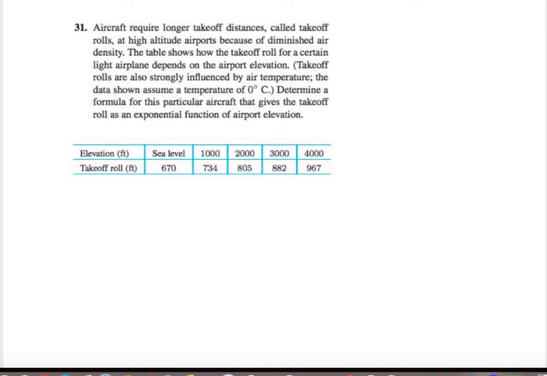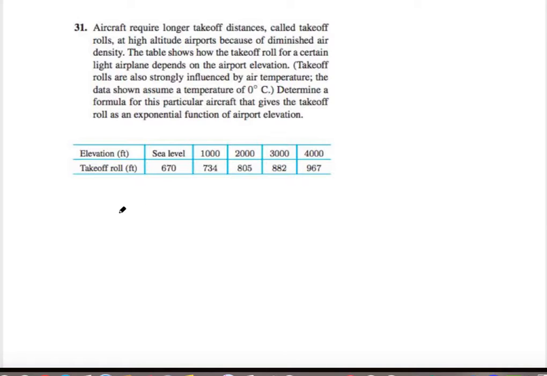So question 31 asks us, if an aircraft takes off at a different elevation, it needs a different amount of time or a different amount of distance to roll down the runway before taking off. So we want to determine a formula for this particular aircraft that gives the takeoff roll as an exponential function of airport elevation.